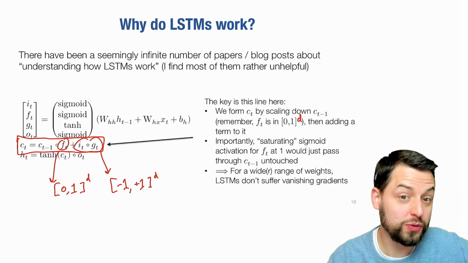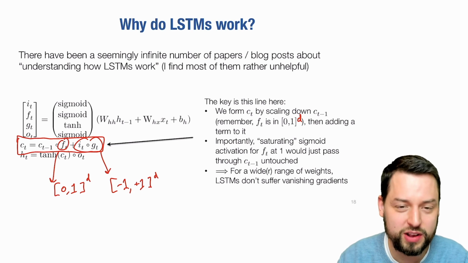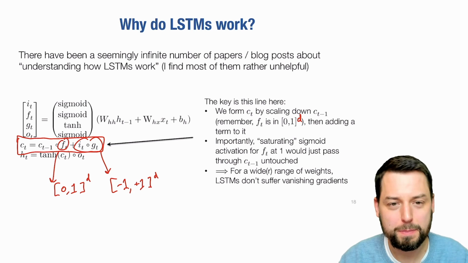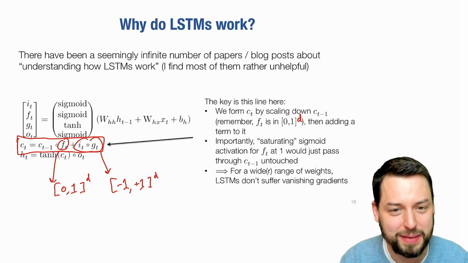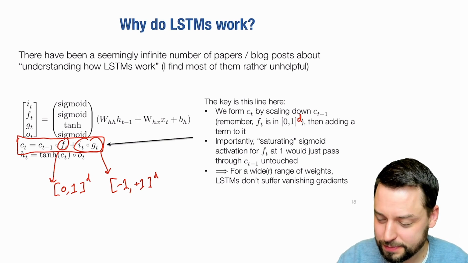Of course, you don't always want to remember everything about the past, so you also want the ability to decrease that dependency, but that's the rough intuition. And personally, going much deeper into that intuition has always been kind of a losing battle, and I've never really seen too much value in it.